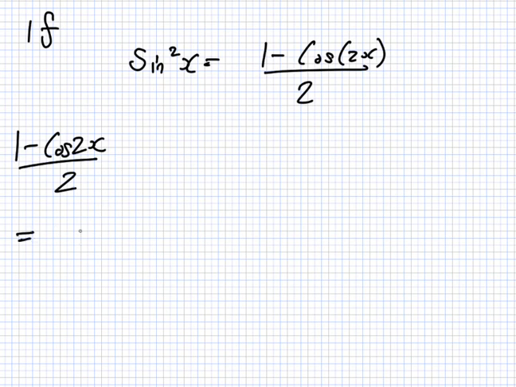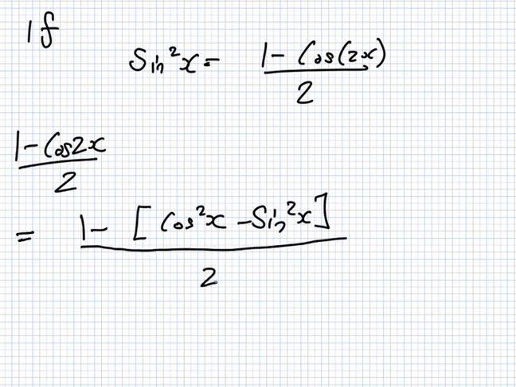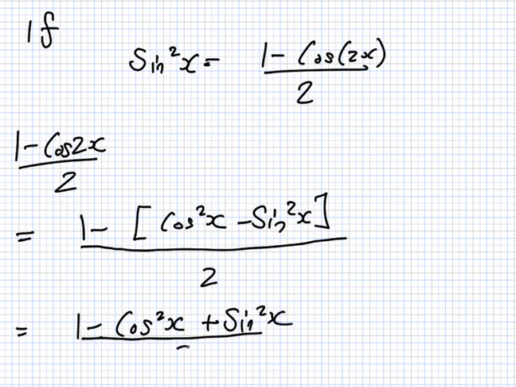That equals 1 minus bracket cos squared x minus sine squared x all over 2. That equals 1 minus cos squared x plus sine squared x over 2.